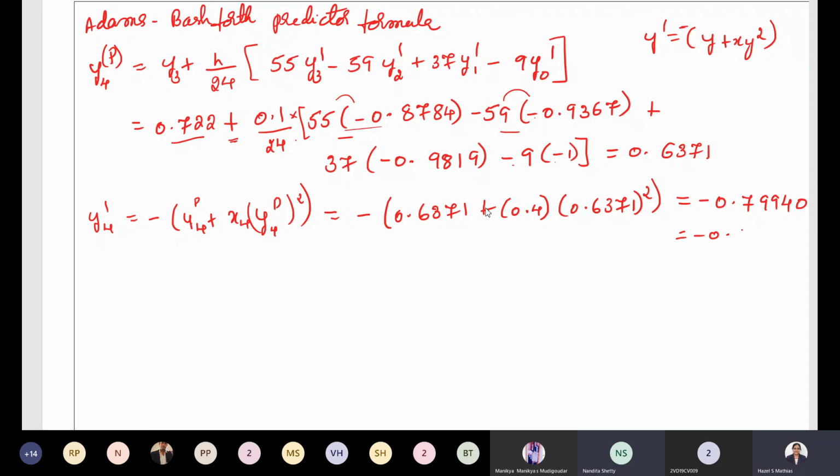Anybody, any other answer? Minus 0.79945. Okay. Anybody, any other answer?